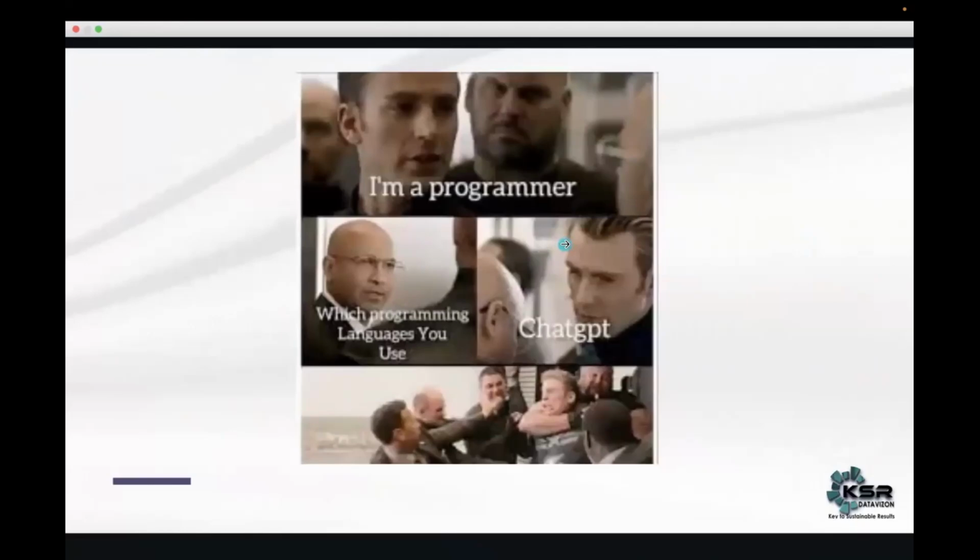Okay, let's start with this meme. So how many of you think ChatGPT is a programming language? No, right? So please answer whenever I ask a few questions, or else in the next class I'll start taking names and getting answers.